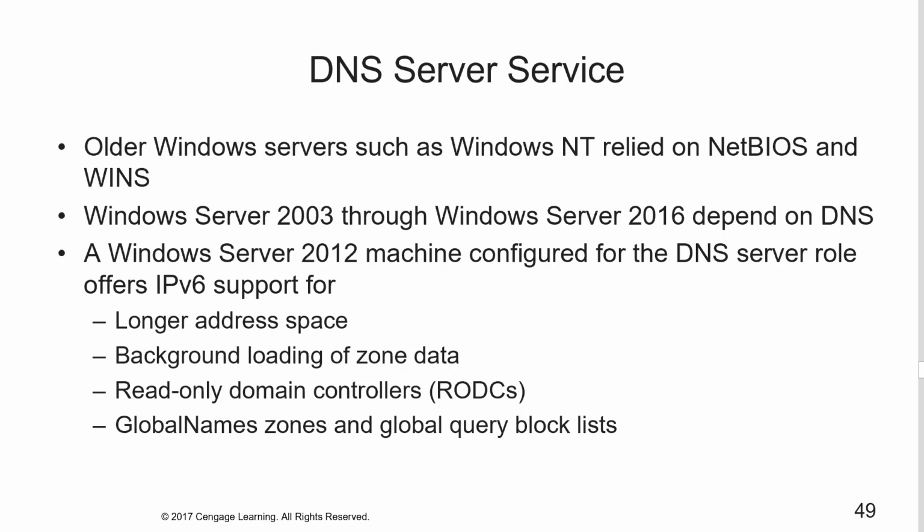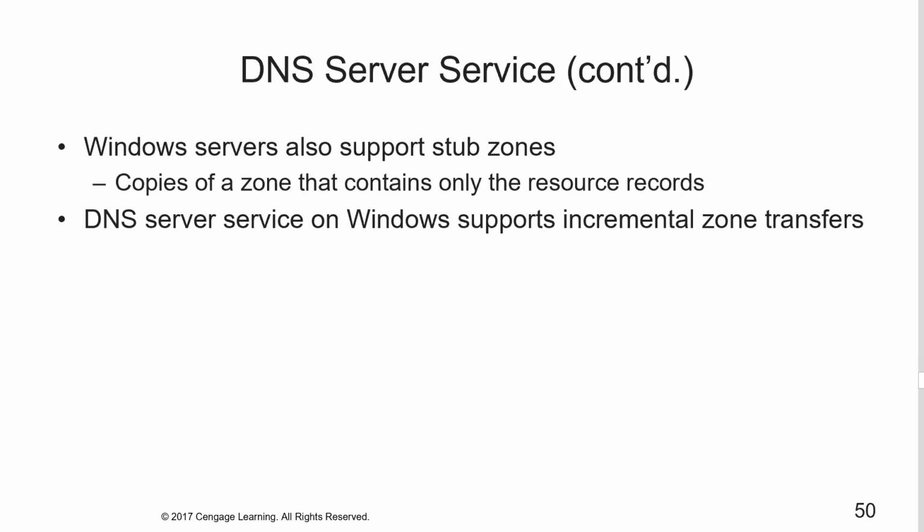So the DNS Server Service: older Windows servers, Windows NT, etc., relied on NetBIOS and WINS. Windows Server 2003 through 2016 and higher depend on DNS. So a Windows Server 2012 machine configured for the DNS server role offers IPv6 support, which gives you a longer address space, background loading of zone data, read-only domain controllers, and global name zones and global query block lists.